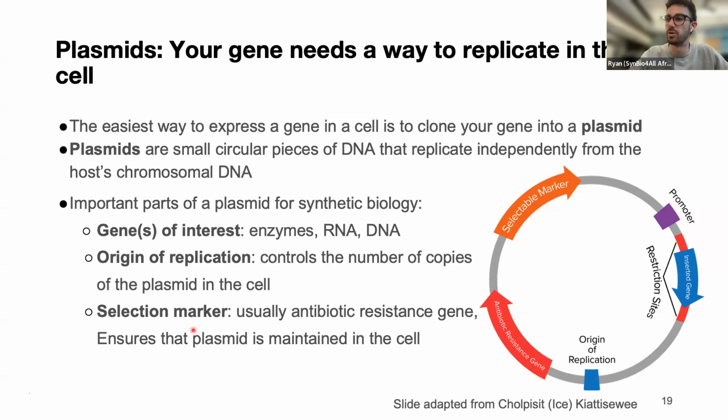The other would be a selection marker. This could be antibiotic resistance or something like that, which makes sure that the cells that have your plasmid can grow in a condition where other cells cannot.